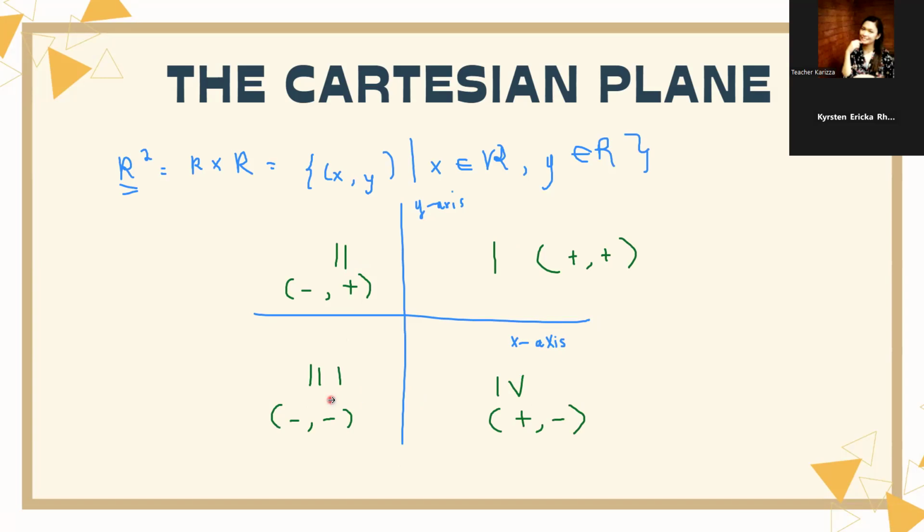So other terms we need to review, we also have what we call 0, 0 over here. So 0, 0 is referred to as the origin, coordinates 0, 0.